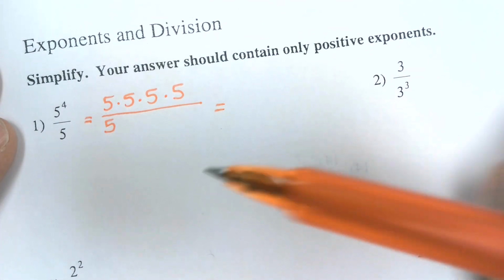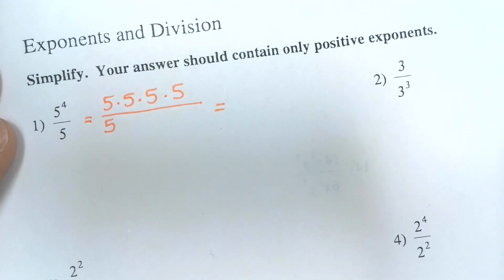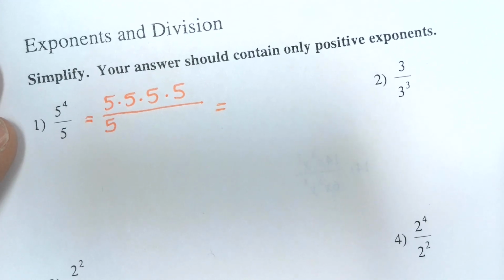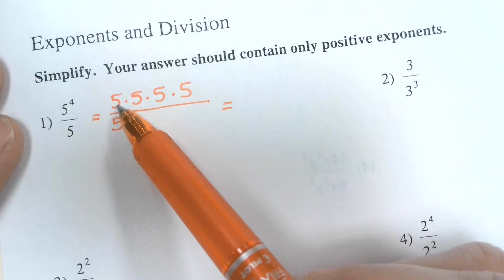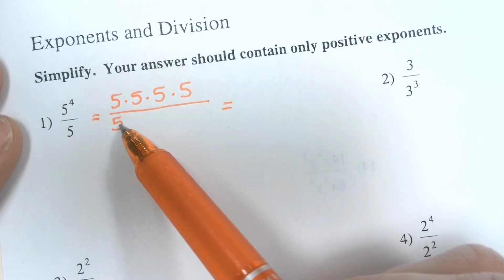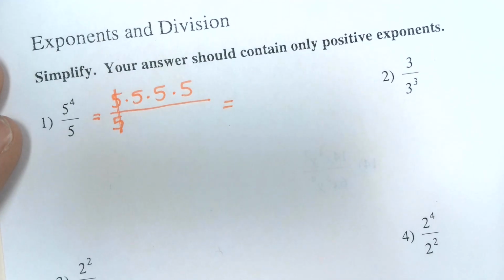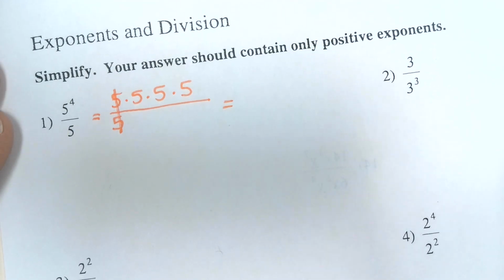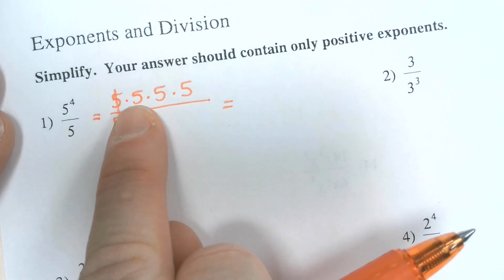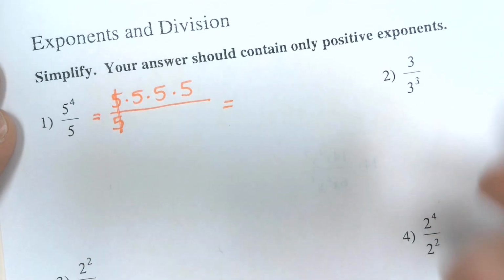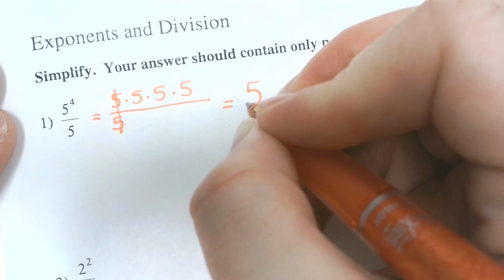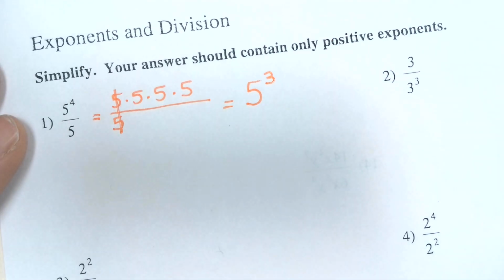So we are going to simplify the fraction. So if you think back to rules of fractions and division, if you have something divided by itself, it equals 1. So we're going to cross these out. So anything that is on the top and bottom, you can cross them out. So now look what we have left, and let's write it. It'd be 5 raised to the third power.